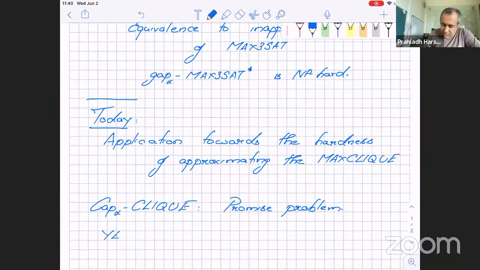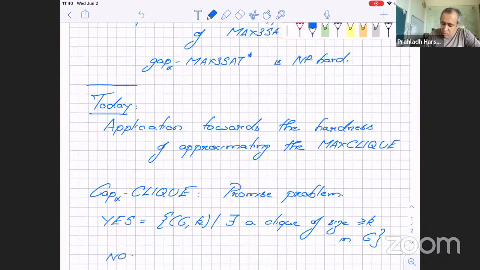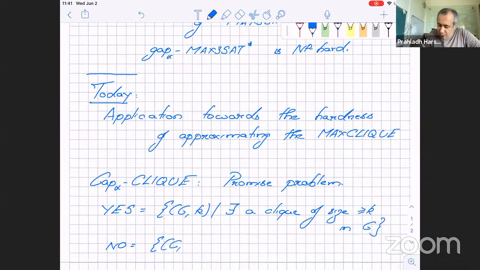The yes instance is a graph G and a number K such that there exists a clique of size larger than or equal to K in G. And the no instances will also be of the form G comma K, where every clique is of size smaller than K.